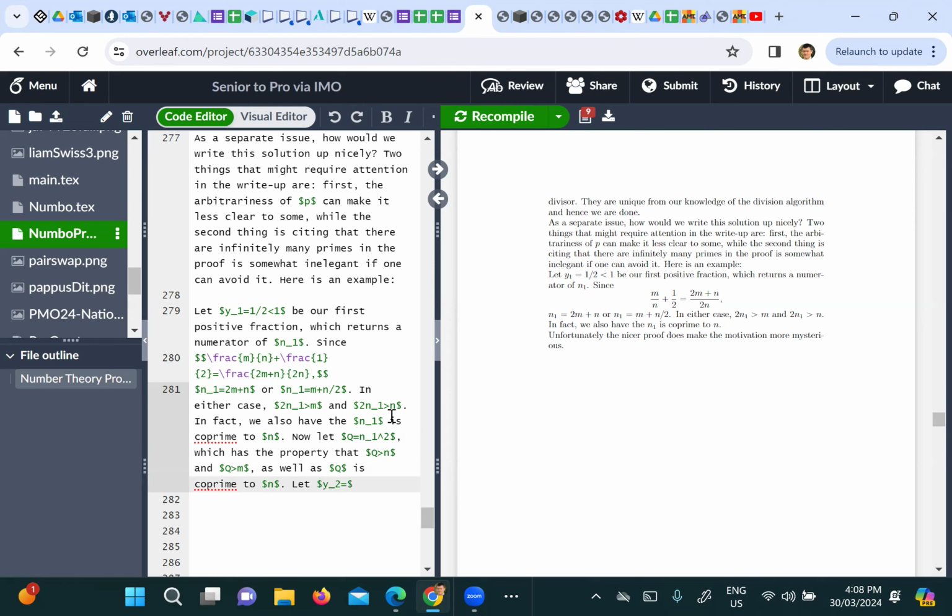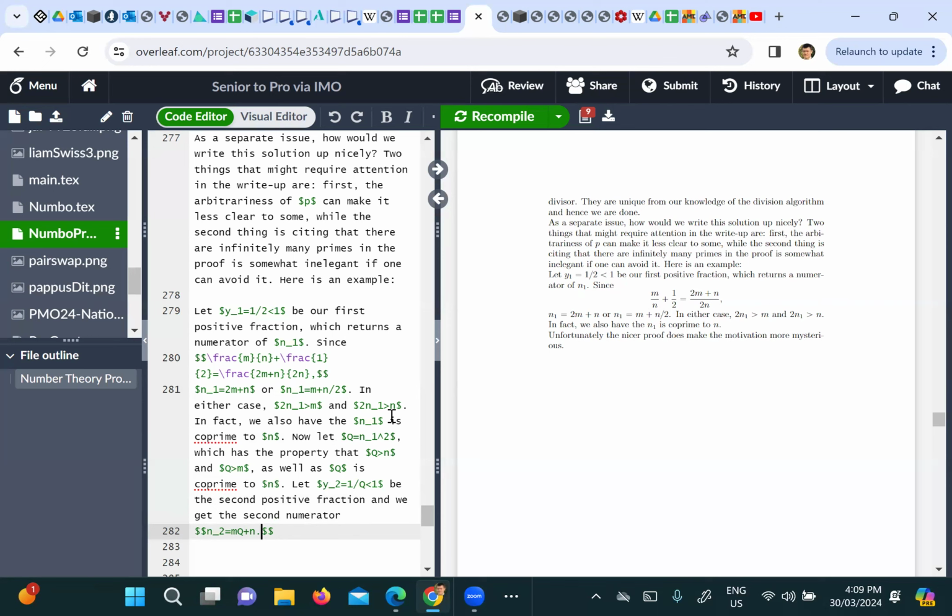Let n2 equal 1 on q, be the second positive fraction, and we get the second numerator, n2 equals mq plus n, right? Yeah? So now q is not a prime anymore, yeah?